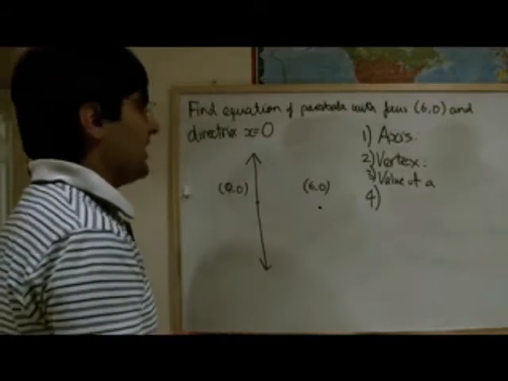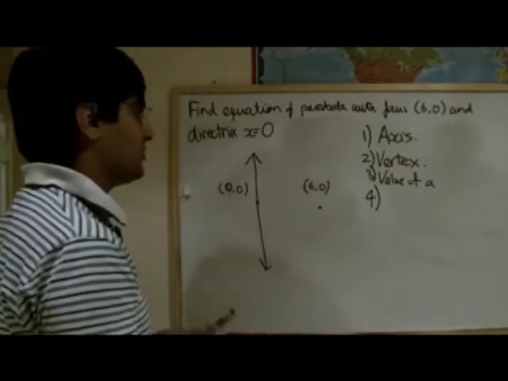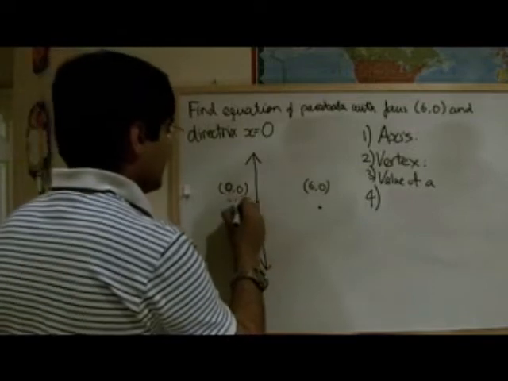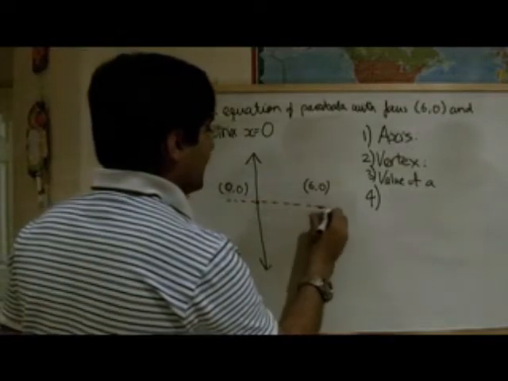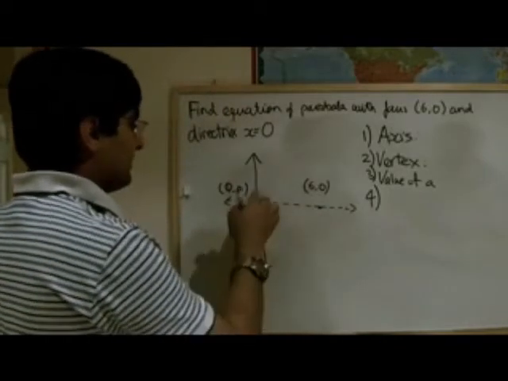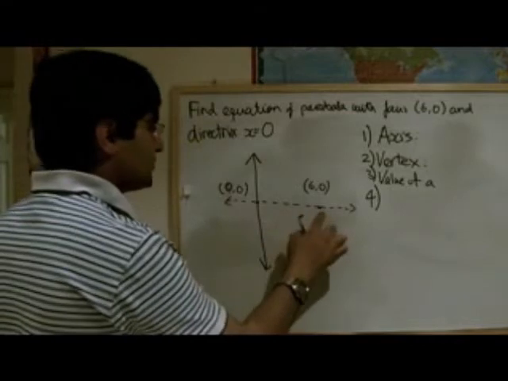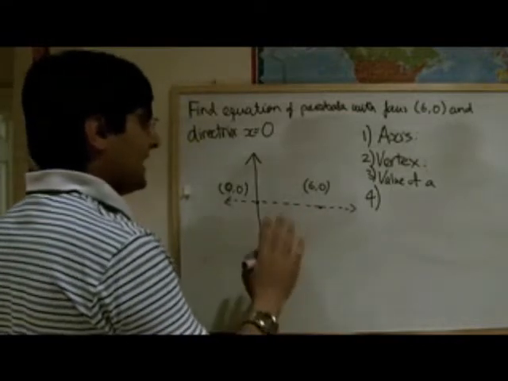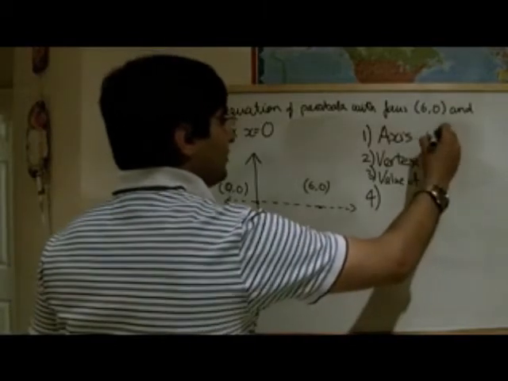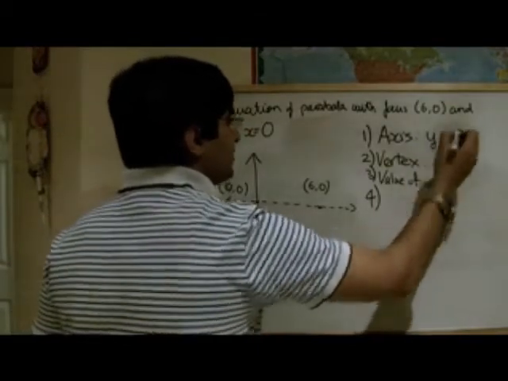We also know that the focus, (6, 0), must lie on that horizontal axis. Hence, we can deduce that the axis of the parabola is this horizontal line, perpendicular to the directrix, going through the point (6, 0). Hence, the axis of this parabola is the line y equals 0.